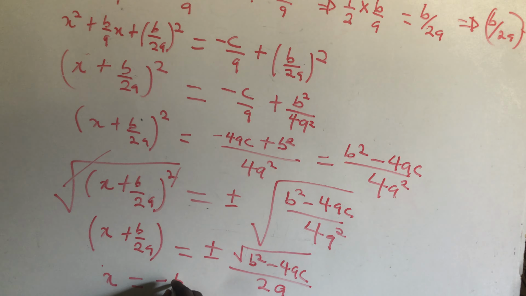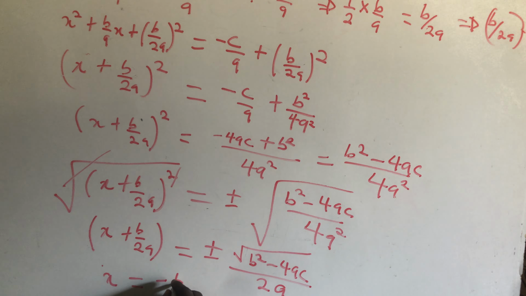Divide through by a, after taking the constant to the other side, then find half of the coefficient of x, square it, add it to both sides, factorize the left hand side, expand, simplify the other side, take this half to the other side, negative, and then you will end up having x equals minus b plus or minus the square root of b squared minus 4ac over 2a. This is the general formula. We can solve any quadratic equation using this general formula.